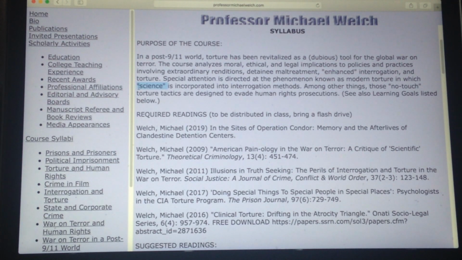Notice that I put science in quotation marks to kind of highlight this particular concept as something that we should critically examine and provide very close attention to how so-called science, pseudoscience, became a paradigm for psychologists who were then instructing government operatives to interrogate detainees.